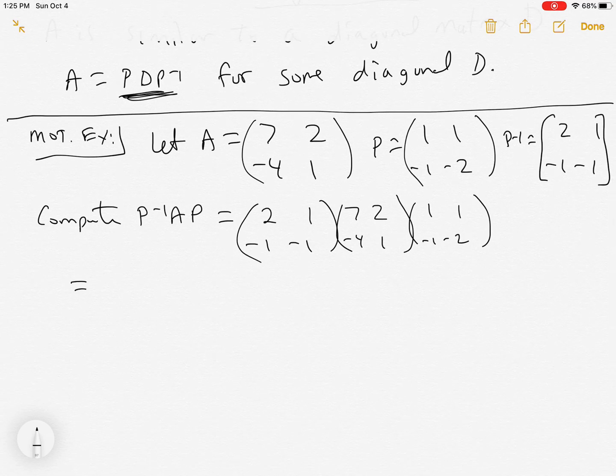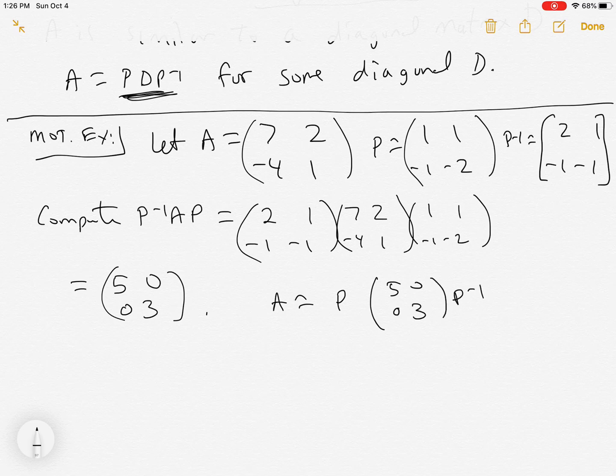And we do the multiplication from right to left, and you wind up with the matrix 5, 0, 0, 3. So I chose A to be this diagonalizable matrix. And so now, looking at the multiplication here, A is going to be P times our D times P inverse. So A is diagonalizable.